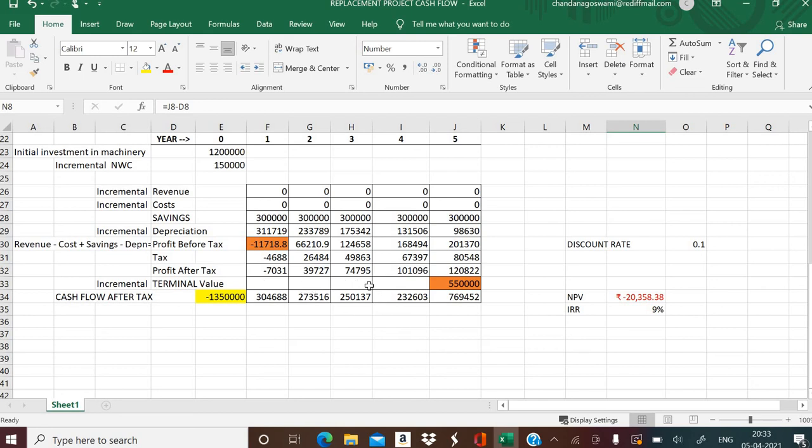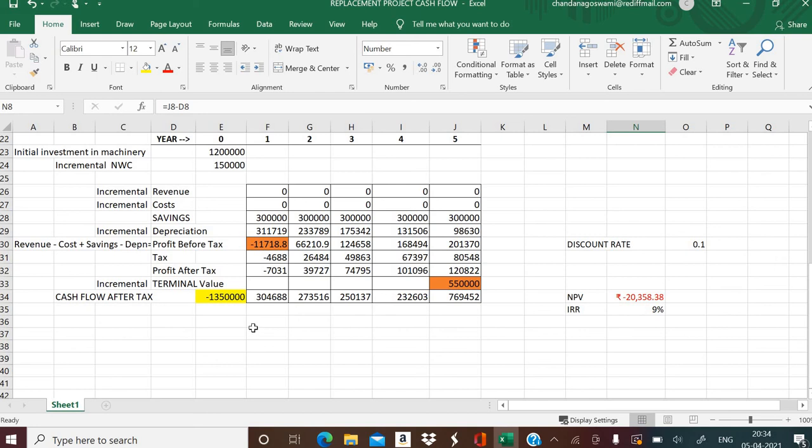And remember, in the last year, you have to calculate this incremental terminal value. So this 5,50,000 is coming from your salvage value as well as the net working capital. And now we will calculate the cash flow after tax, that is profit after tax plus depreciation and plus terminal value in the last year.